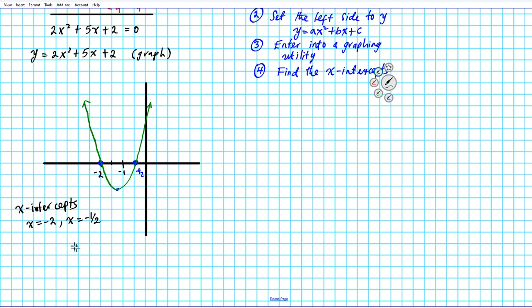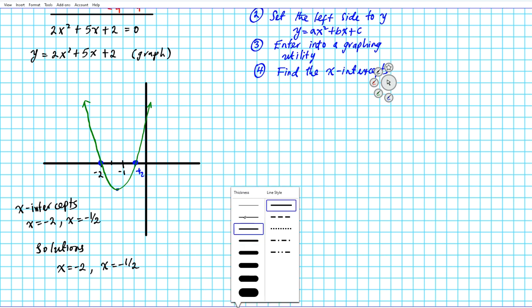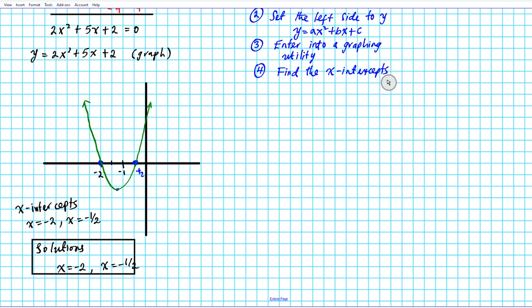So in the last step, those are our solutions. Our solutions are going to be x equals negative 2 and x equals negative 1/2. So that's basically how you solve a quadratic function by graphing. You just need to find what the x-intercepts are after you enter the function into the graphing field. All right, so that's that.